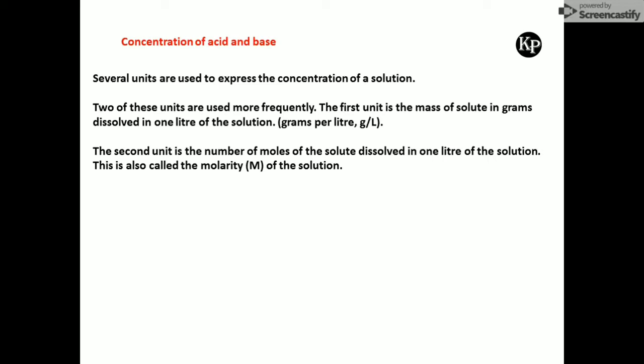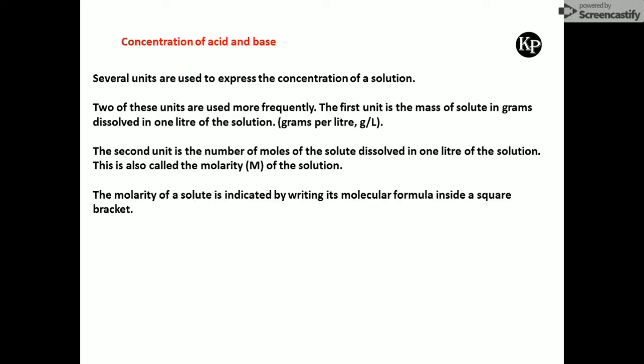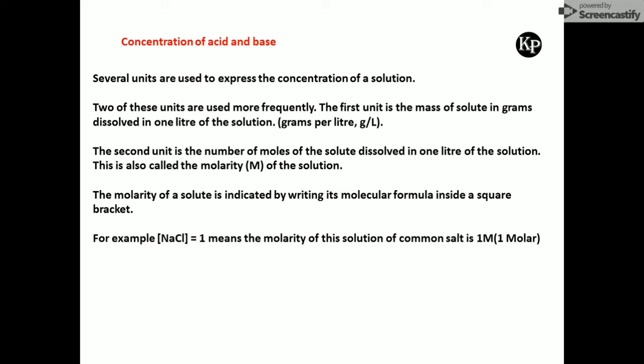Molarity is nothing but the number of moles of the solute dissolved in 1 liter of solution. The molarity of a solute is indicated by writing the molecular formula inside square brackets. For example, [NaCl] = 1 means a 1 molar solution.